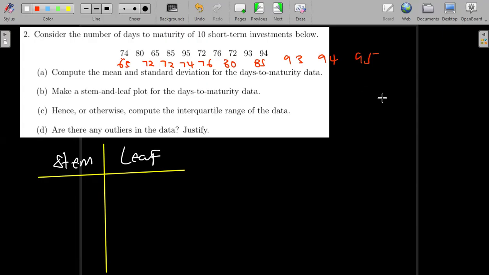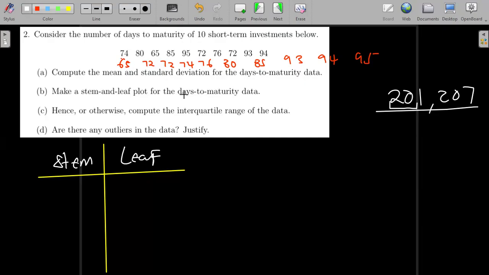So there are situations where we're given three-digit numbers, like the one which was on your test. Okay, like 201 and then 207. So the leaf is always one digit, but the stem here can be two. So in this case, if you have three digits, the first two are going to be your stem, and then the last one is going to be the leaf. Okay, but in this case, we only have two.